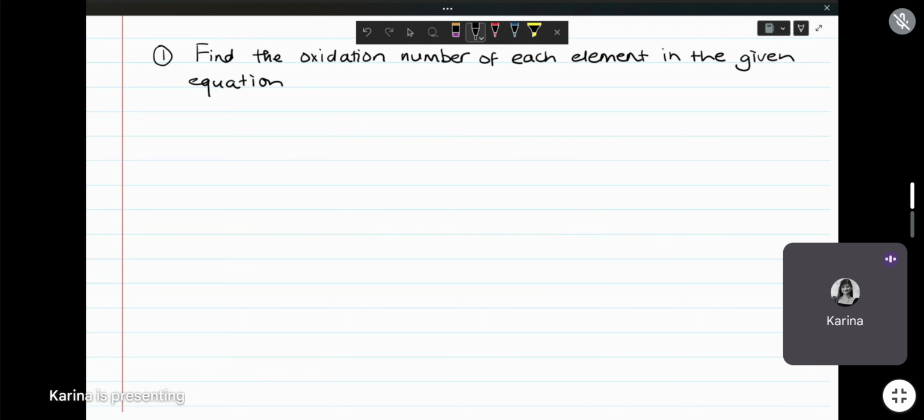Okay, so once you have your oxidation number, the second thing you're going to do is look at how that oxidation number is changing.